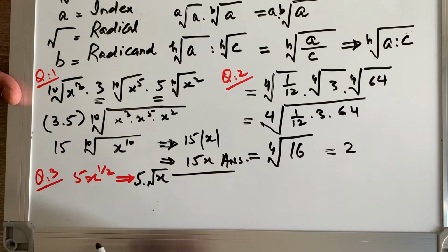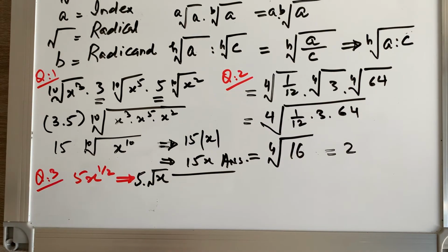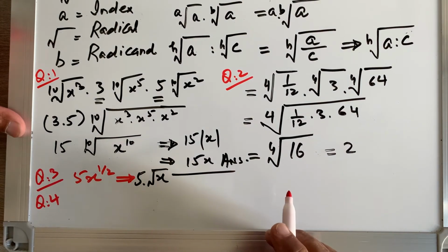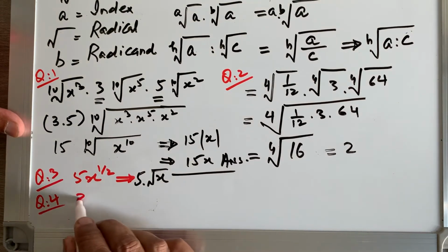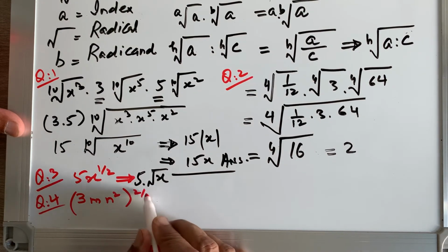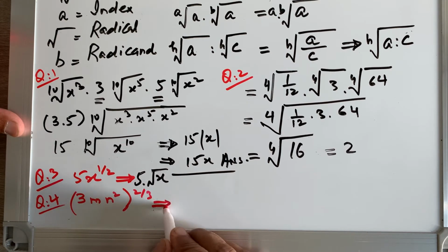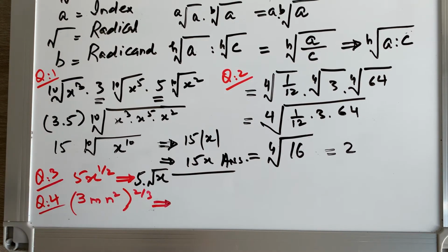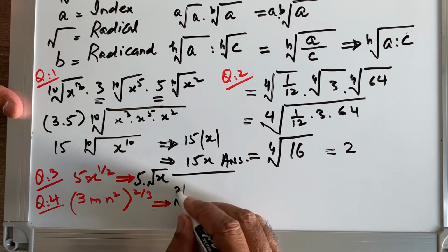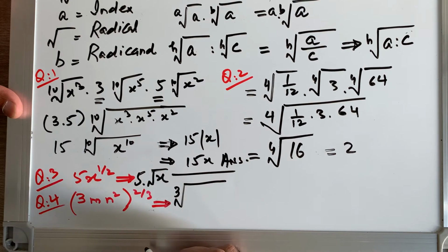Similarly, if we have a small question like 3mn square to the power of 2 by 3, how can we solve this? 2 is the square, but 1 over 3 is the index. So I have to write 3 as the index because 1 over 3 is the index.